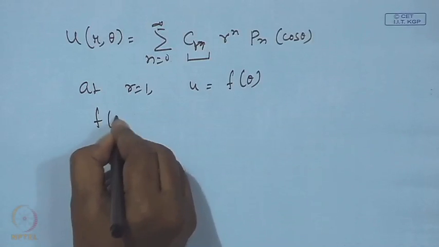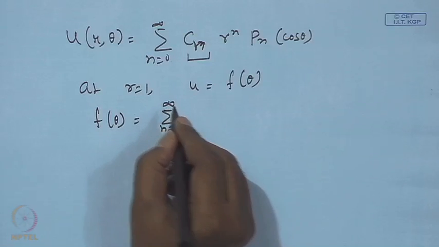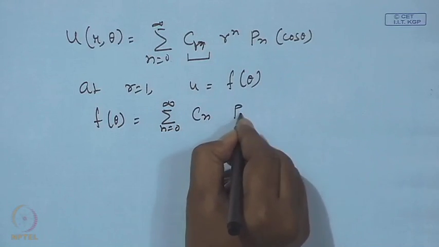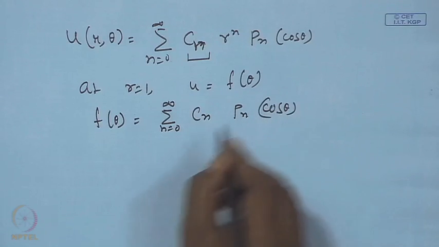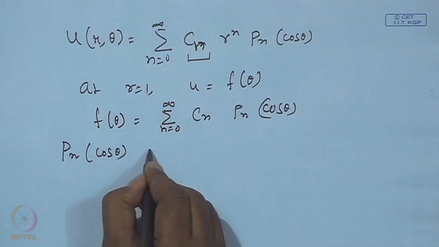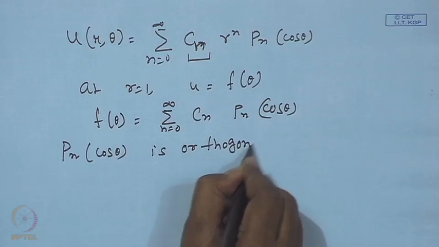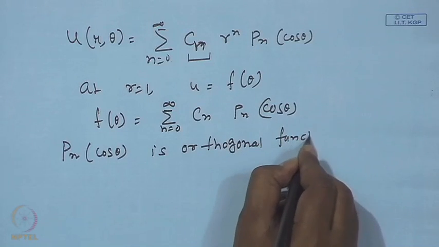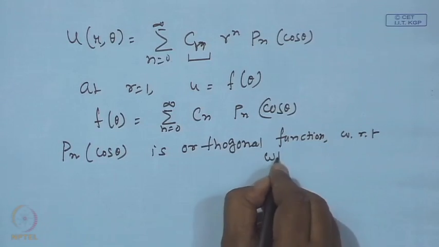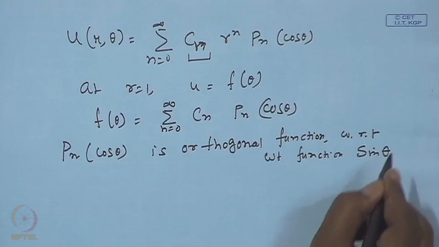So, f of theta is nothing but summation n is equal to 0 to infinity, and when we evaluate at r is equal to 1, this becomes C n P n cosine theta, and we can prove that P n cosine theta is an orthogonal function with respect to the weight function sin theta.